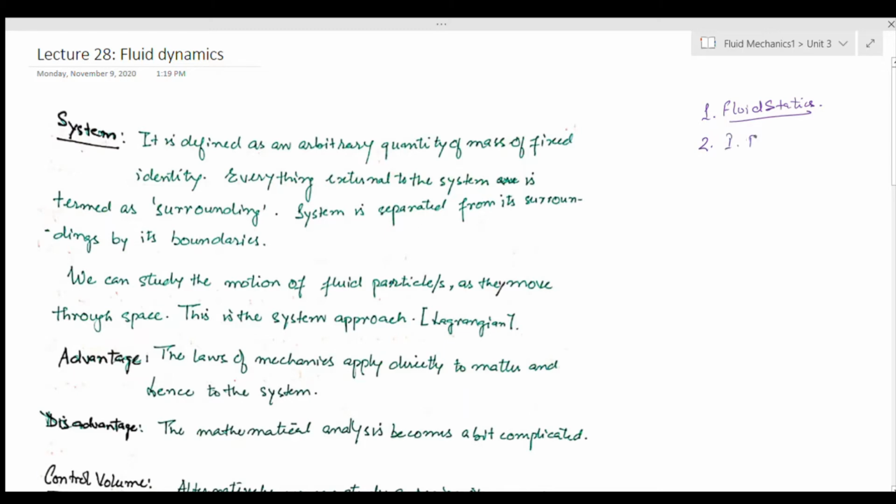Part 1 was fluid kinematics, and part 2 was potential flow theory.